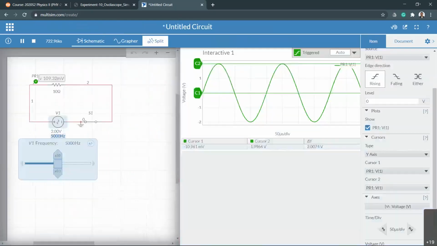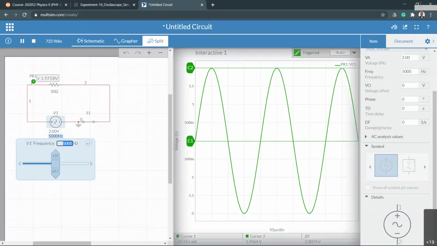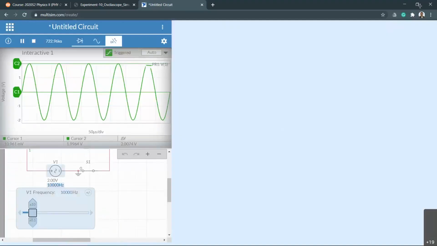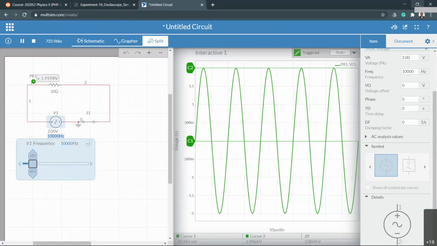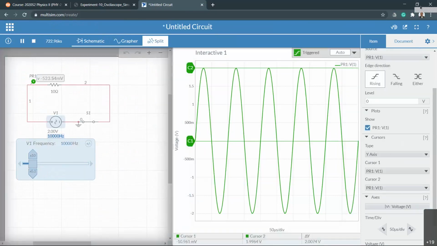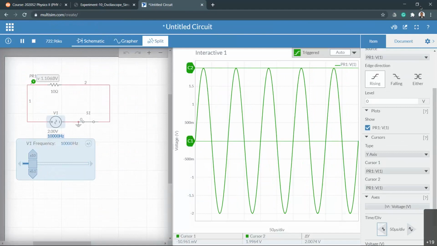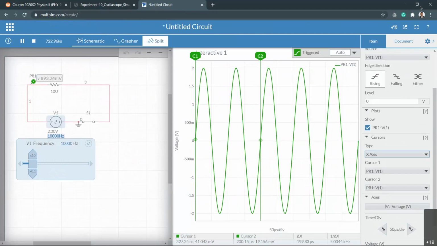Let's do this with 10,000. 10,000, and then change the cursor into x-axis. You can see the y-axis doesn't change at all, because we did not change the voltage.